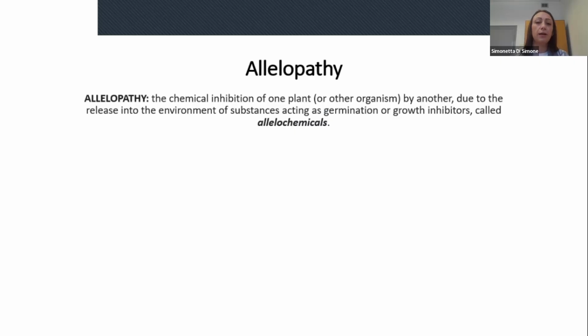First of all, it's important to know what we mean by the term allelopathy. Allelopathy is the chemical inhibition of one plant by another, due to the release into the environment of substances acting as germination or growth inhibitors. And these substances are called allelochemicals.